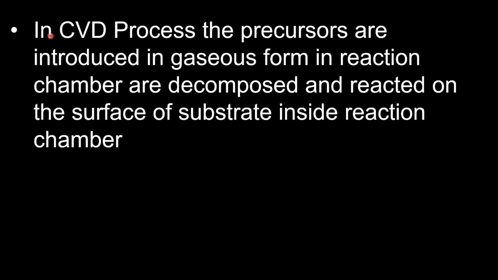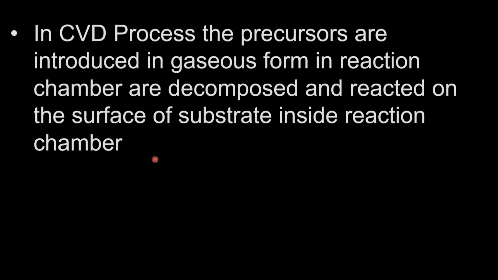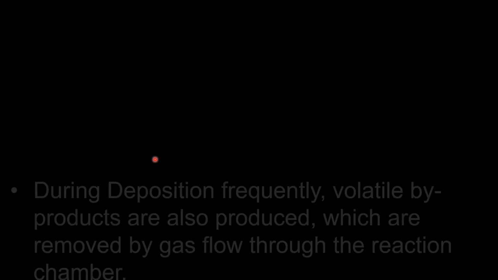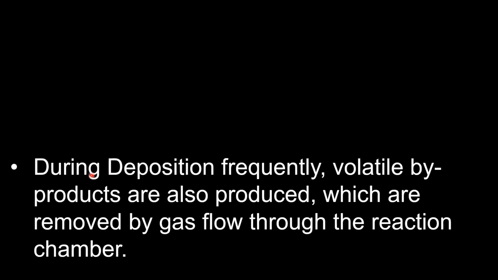So if I conclude, in the CVD process, the precursors are introduced in gaseous form in reaction chambers, or decomposed and reacted on the surface of the substrate inside the reaction chambers. During the deposition, frequently volatile byproducts are produced, which are removed by gas flow through the reaction chamber.